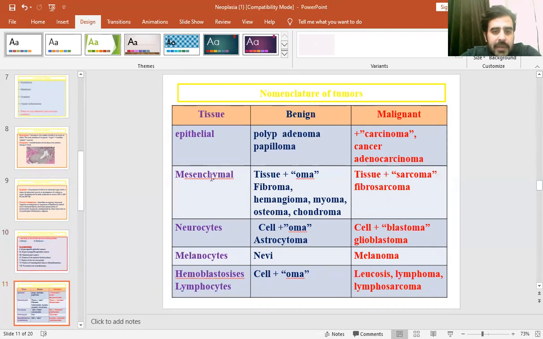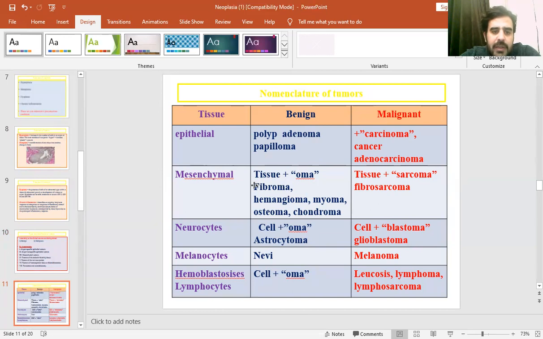Now mesenchymal tissue. In this case, when a tissue name plus OMA is written, it means the tumor is benign. If with the tissue name we have sarcoma, or the added word is sarcoma, it indicates a malignant one.